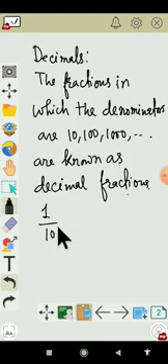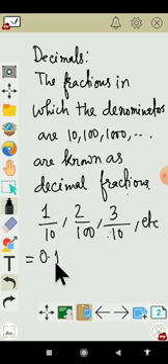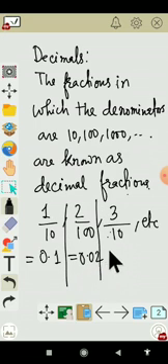example 1 by 10, 2 by 100, 3 by 10, these all are decimal numbers and we can represent this as 0.1. The second one can be represented as 0.02. The third one is represented as 0.3.